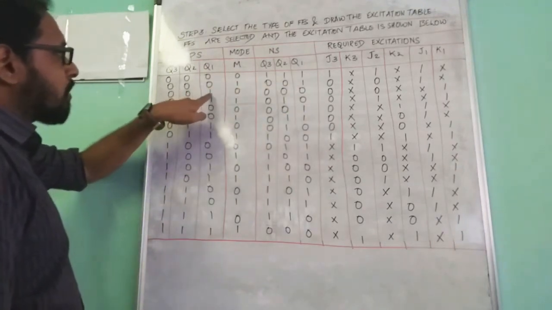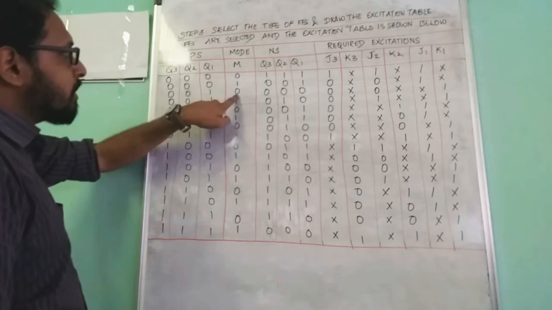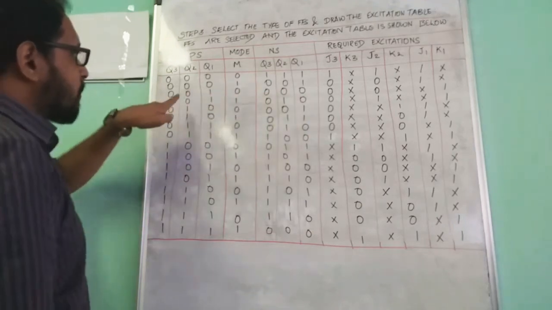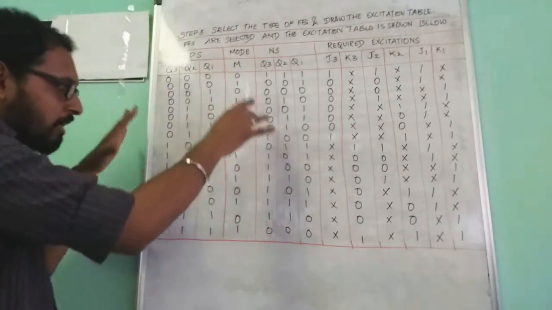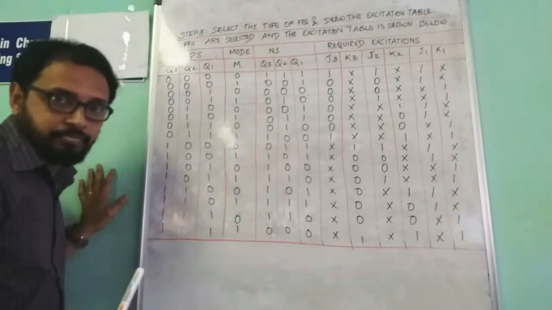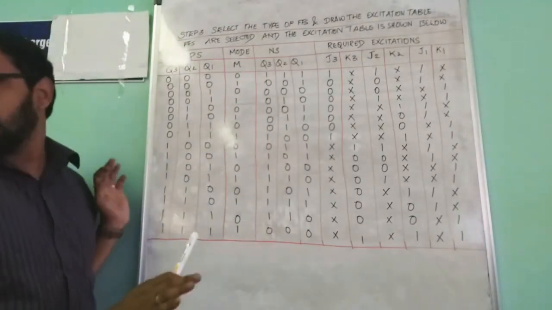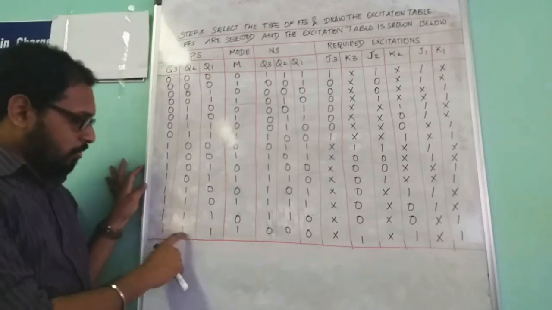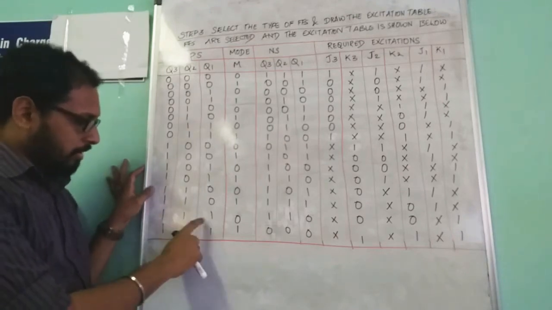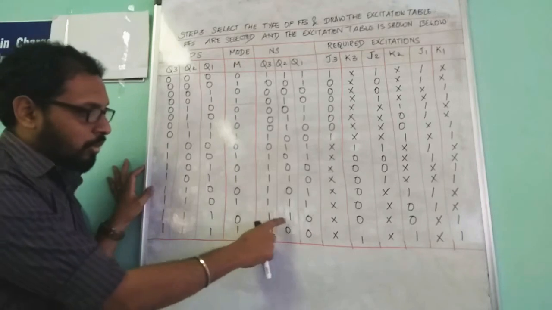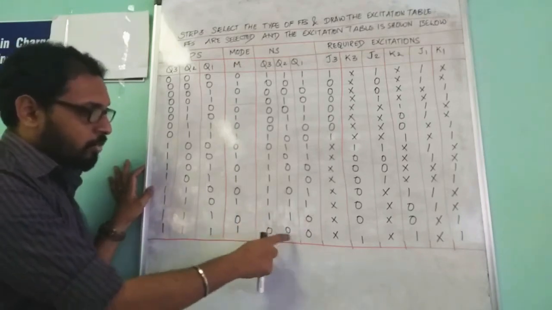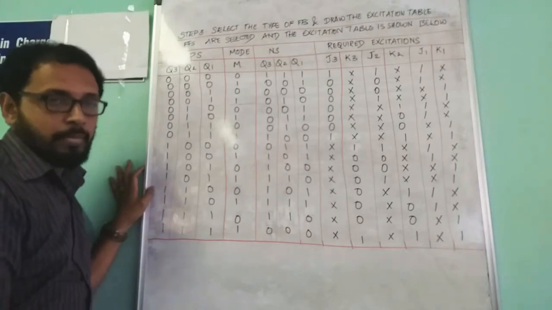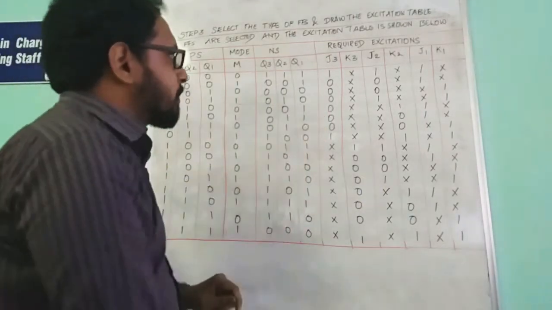For 0 0 1, if we go back it means 0 0 0. For 0 0 1, if we advance it means 0 1 0. Similarly, we have constructed the whole table. For 1 1 1, going to the previous state means 1 1 0. For 1 1 1, the next state means 0 0 0. Clear?